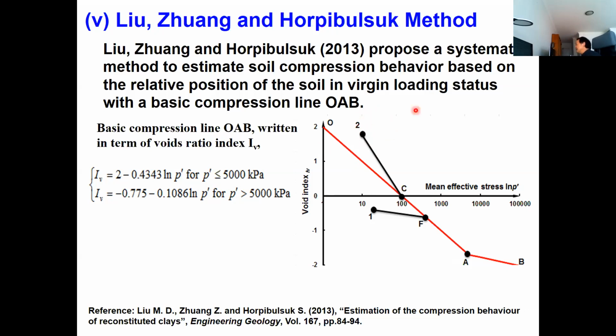When the soil start point is not on the line, we will still be able to predict the compression behavior. It is very important. Like for example, if you want to use GPS to drive your car, and you find that your car is not on the map, what can you do? If you use the Skempton model, at the start, it's like you drive your car and you are not on the map.